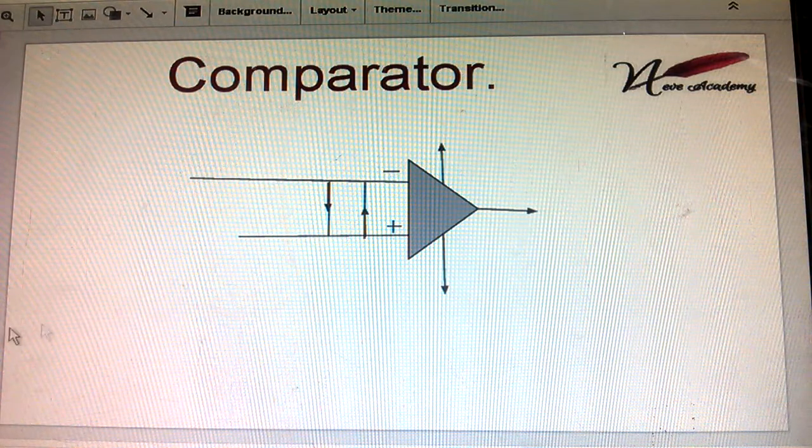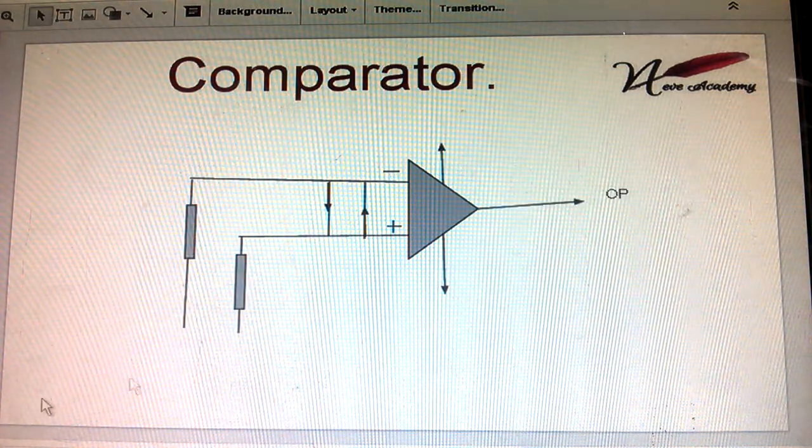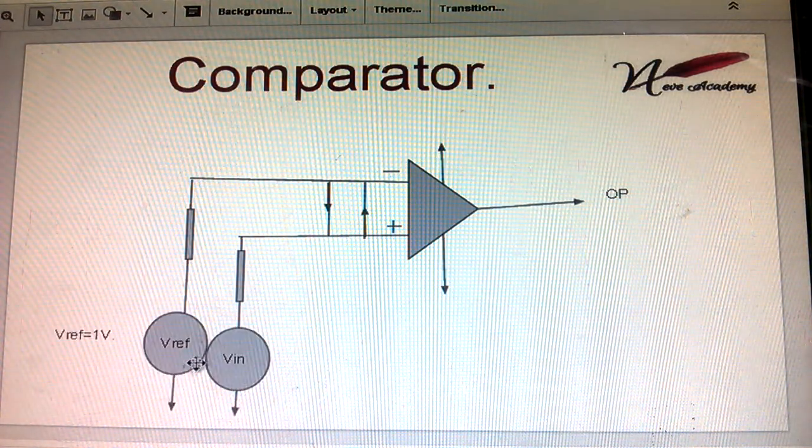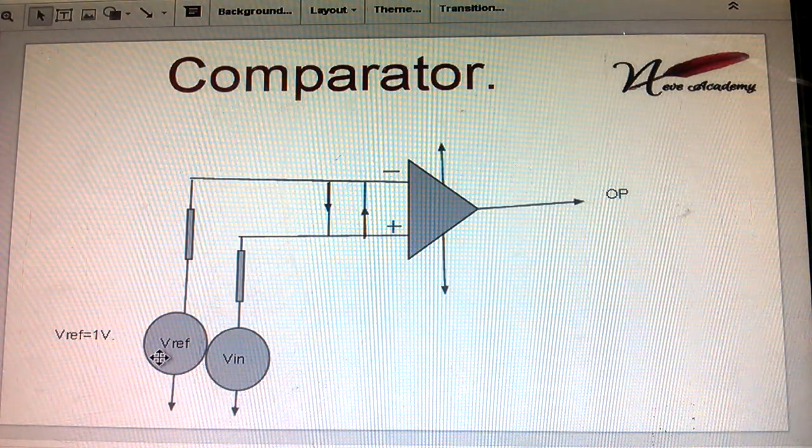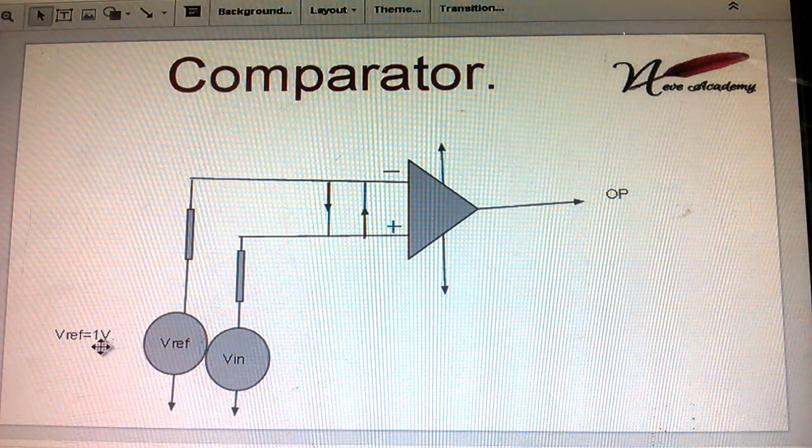After that, for further construction of the circuit, at the output terminal we provide two resistances. Two terminals are provided to the op-amp. One terminal is given as the reference voltage, V reference, which we keep constant, and we take it as 1 volt.